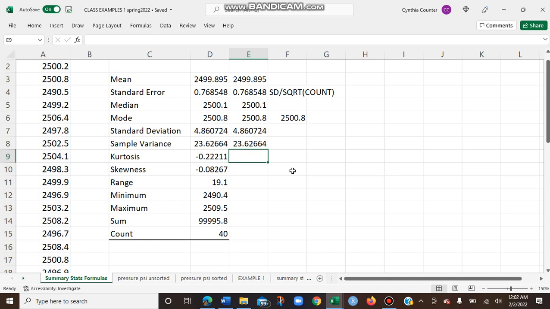Kurtosis is a measure of peakedness or flatness of a distribution, and it is more correctly thought of as a measure of outliers. A negative value tells you have a pretty flat distribution, platykurtic, and therefore few, if any, outliers.